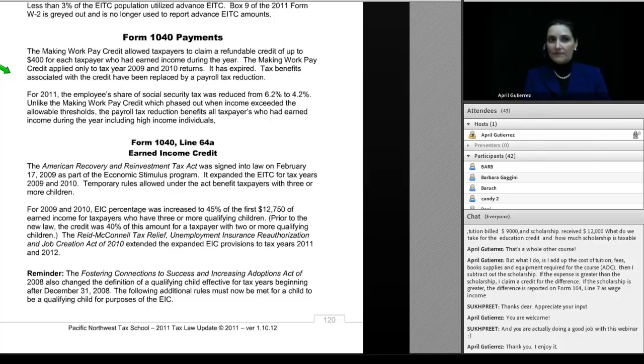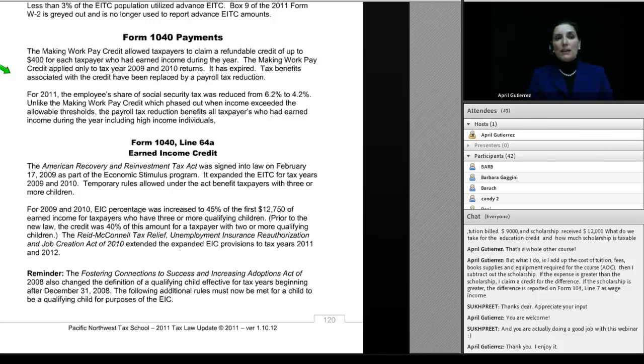Now, I'm not done talking. The rest of my story is that the making work pay credit has been replaced by the payroll tax deduction or reduction. So remember we said that the self-employment tax has dropped by 2% and the employee's share of Social Security withholding has dropped by the same 2%. The making work pay credit has been offset by that payroll tax reduction.